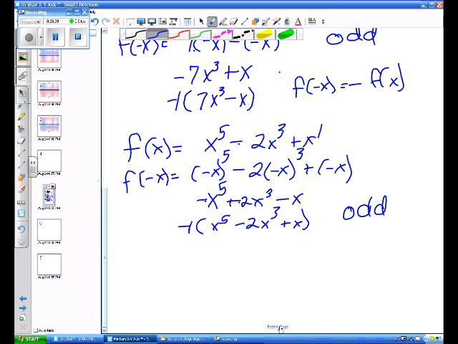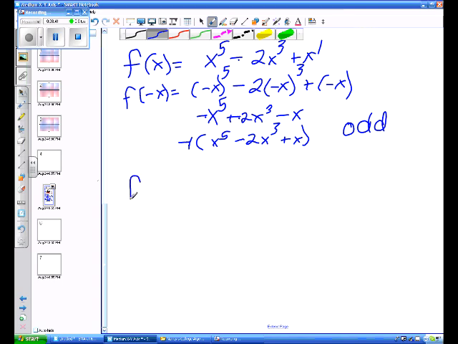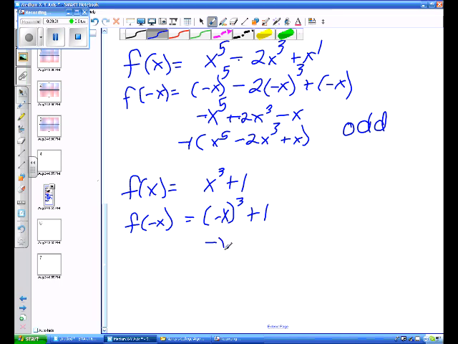Now let's look at this one. F of x is equal to x cubed plus 1. If we plug in a negative x, okay, a negative cubed is a negative. Now we look at this one.